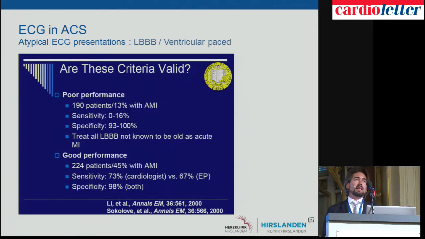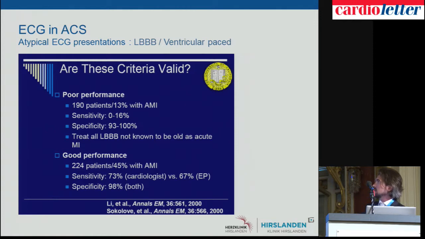Are these criteria valid? Well, the literature is controversial. There are studies that document a poor performance, and there are studies that document a very good performance. In this study, 190 patients, poor performance. Here, 200 patients, good performance.